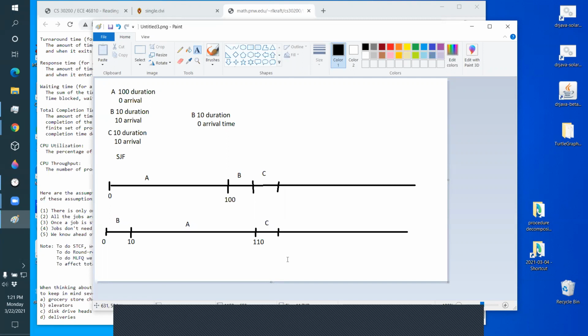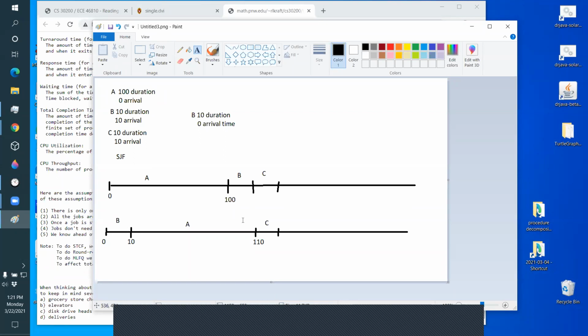But if you don't have any preemption and you allow arrival times to be different, then shortest job first doesn't do you much good, because you don't know when you schedule this long job that there are two short jobs about to appear. Since you can't interrupt it, you pretty much have to let this one run and then run the two short jobs.